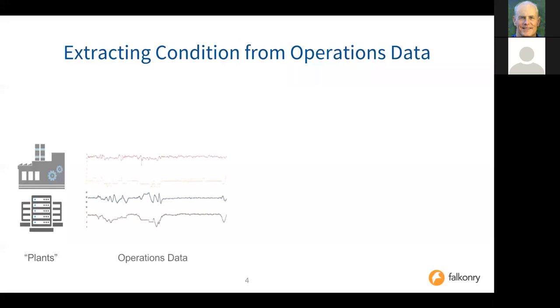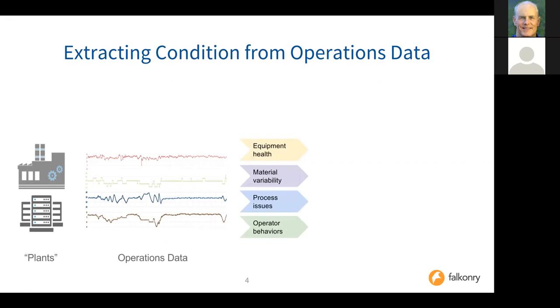To get a basic sense of what we do, we take time series data, so operational data that could be sensor data, logs, whatever information, the type of stuff that typically gets put in a historian like PI, and then look for patterns in that data that might reveal interesting condition information about machines, processes, equipment.